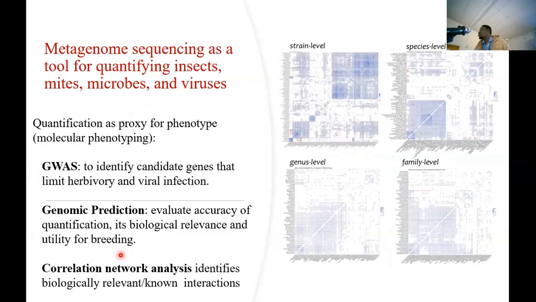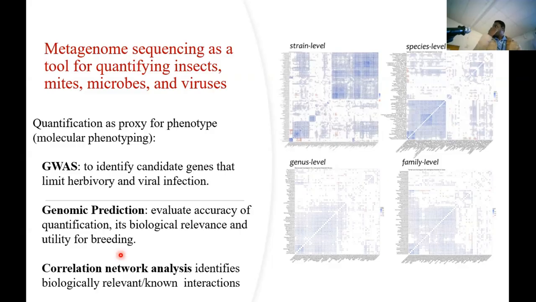So in studies that we have done, and that we tend to present here to give an idea of what we are expecting from the results of the studies that we're doing right now with ROSE, we've done this metagenomic sequencing. We believe that metagenomic sequencing is a tool for quantifying insects, microbes, mites, and viruses, as a proxy for phenotype using molecular phenotyping.